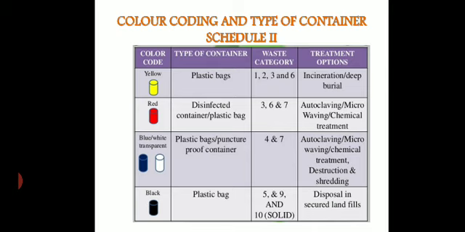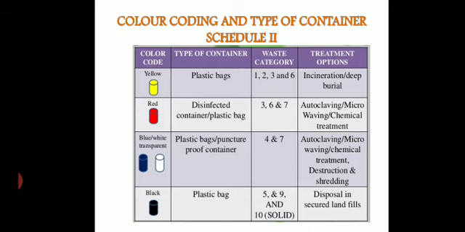So these are included under category 7. Disinfected containers and plastic bags have the red color coding. What is the treatment option for this type of waste? That is autoclaving, microwaving, or you can adopt chemical treatment.